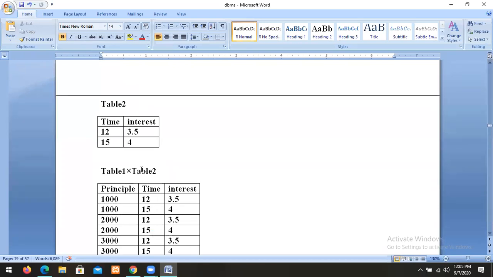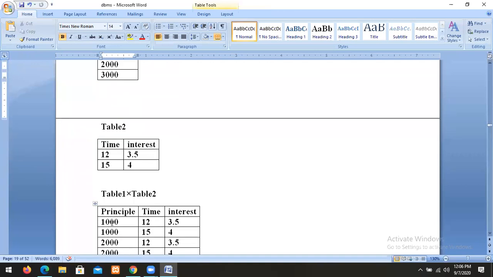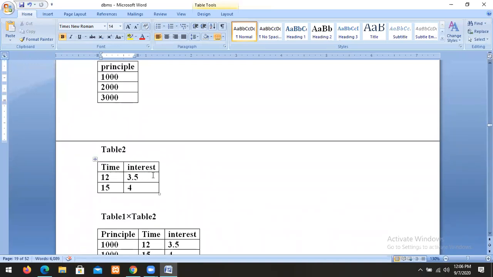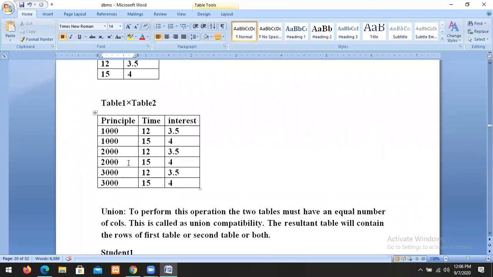All the rows of the first table, suppose 1000, is joined with all the rows of the second table: 1000, 12, 3.5; 1000, 15, 4. 2000, 12, 3.5; 2000, 15, 4. 3000, 12, 3.5; 3000, 15, 4. That's what we call T1 Cartesian product T2.